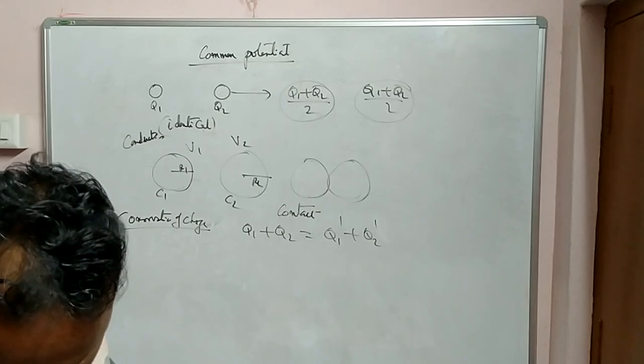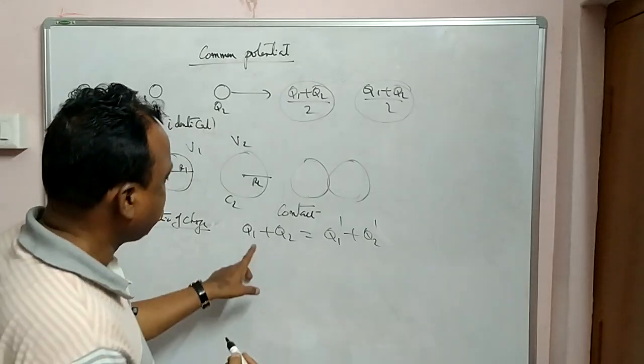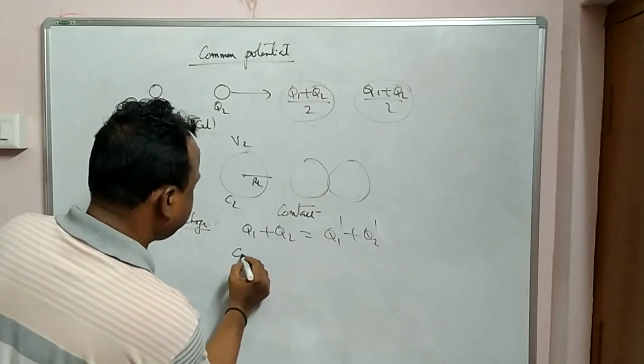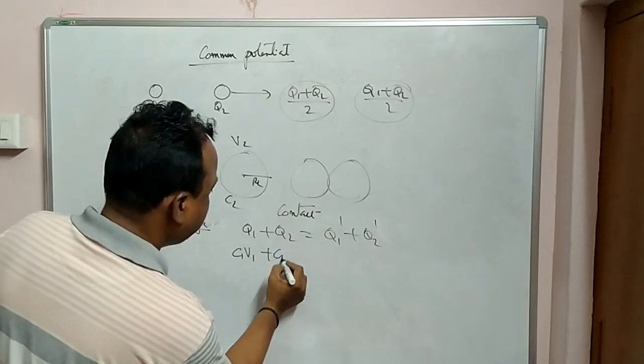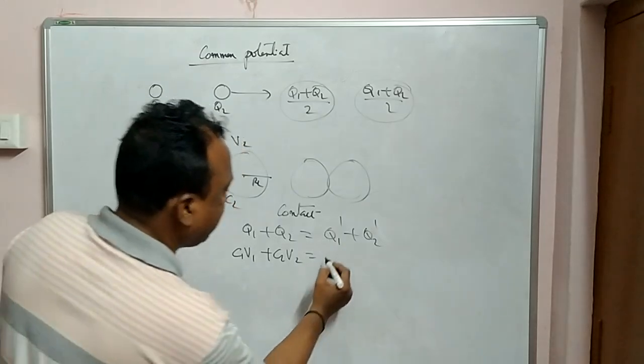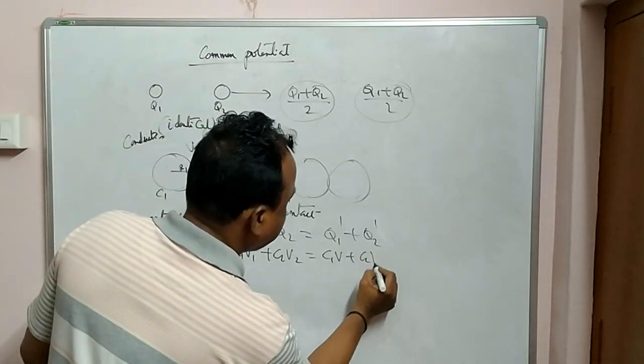Okay. Now when you apply, in this case what happens? What is Q1? Q is equal to CV kada. C1 V1 plus C2 V2 is equal to common potential, C1V plus C2V.